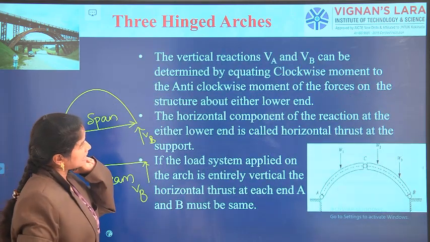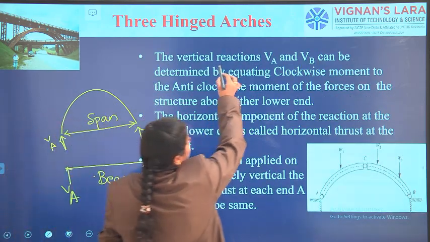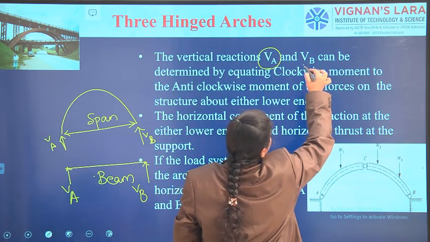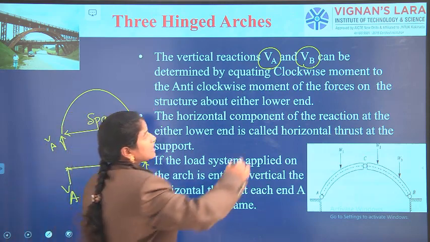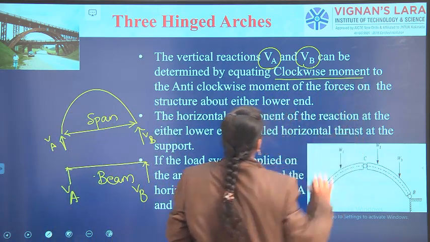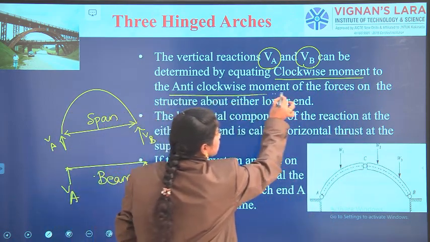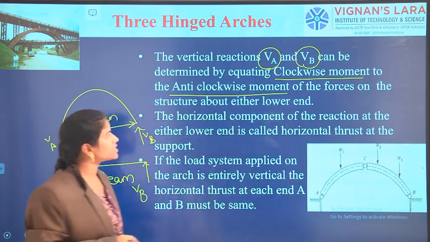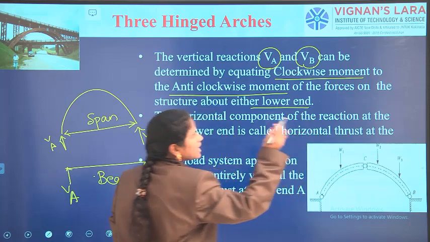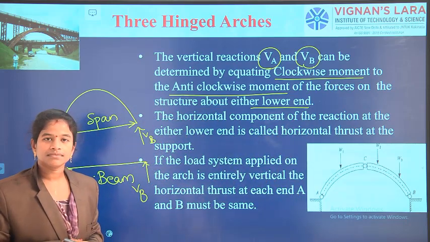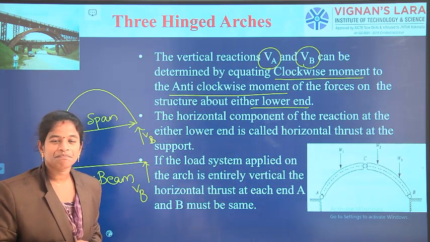The next condition: the vertical reactions VA and VB will be determined by equating the clockwise moment to the anticlockwise moment of the forces on the structure about either of the lower ends. Is it clear?